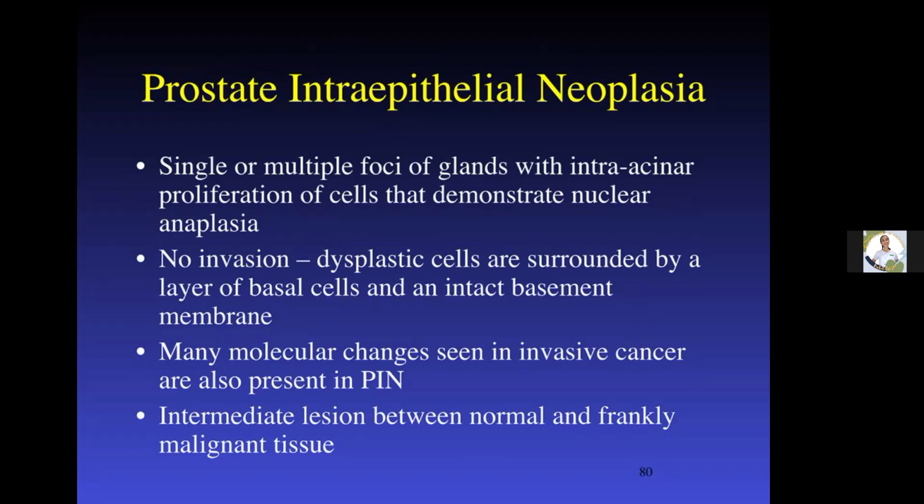So the prostate intraepithelial neoplasia is still within the dilated gland. Many molecular changes seen in invasive cancer are also present in PIN. So this is an intermediate lesion between the normal and frankly malignant tissue or malignant neoplasm of the prostate.